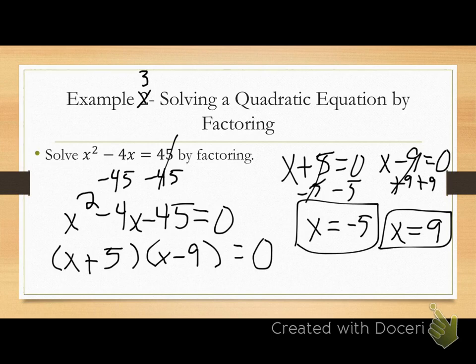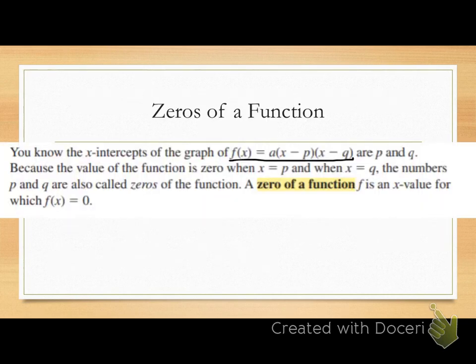And in the parentheses, they have opposite signs from what their actual answer is, correct? Yeah. This is x plus 5, but x actually equals negative 5. This is x minus 9, but x equals positive 9 is actually my solution. So here, this is just factored form of a quadratic equation. So the x-intercepts of this graph are positive p and positive q.